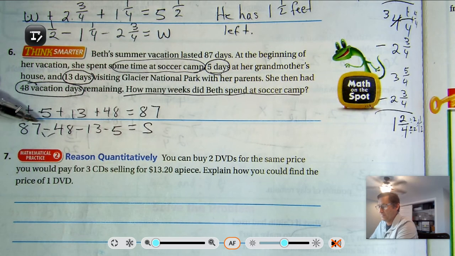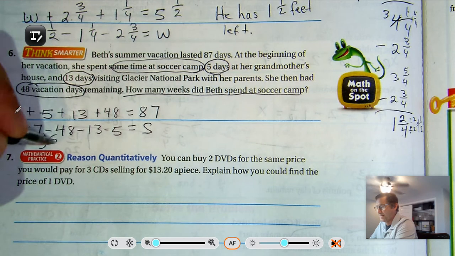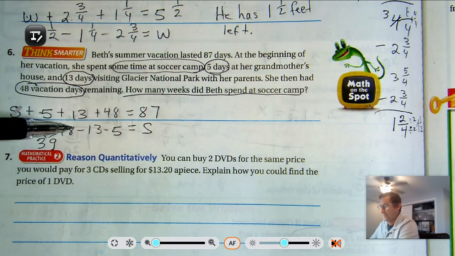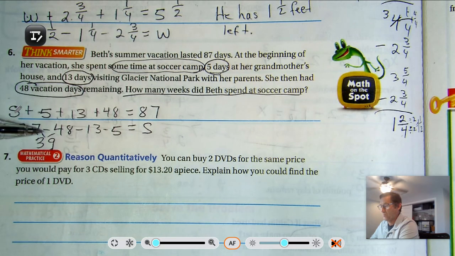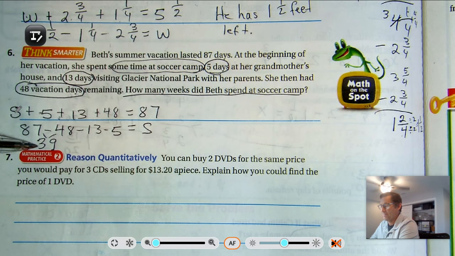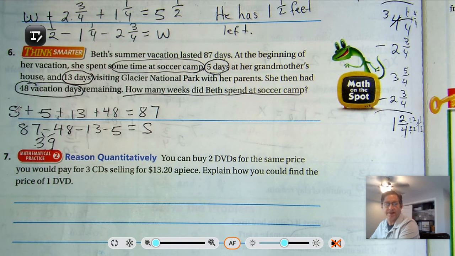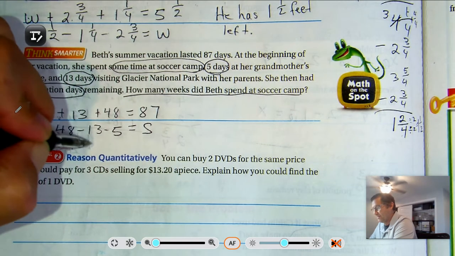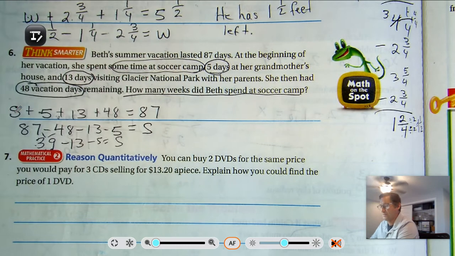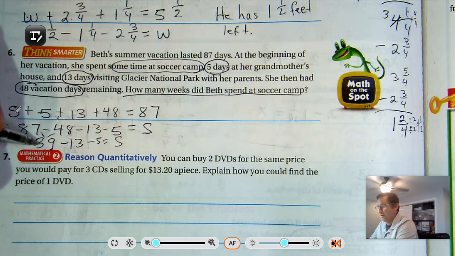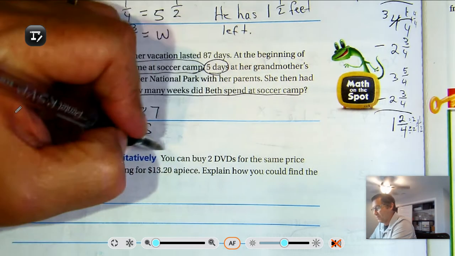87 take away 48 is 39. 9 plus 8 is 17. Regroup 1. 4 and 3 is 7, plus 1 more is 8. So 39 minus 13 minus 5 equals the time spent at summer camp. 39 minus 13 is 26.